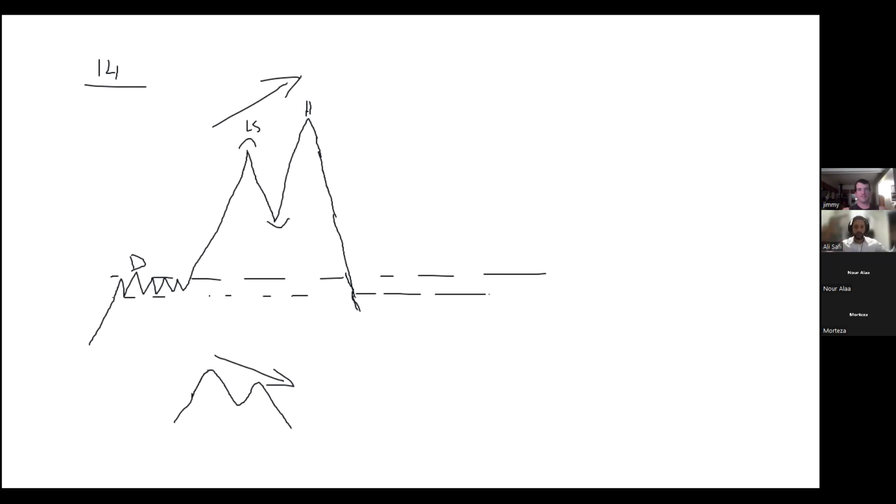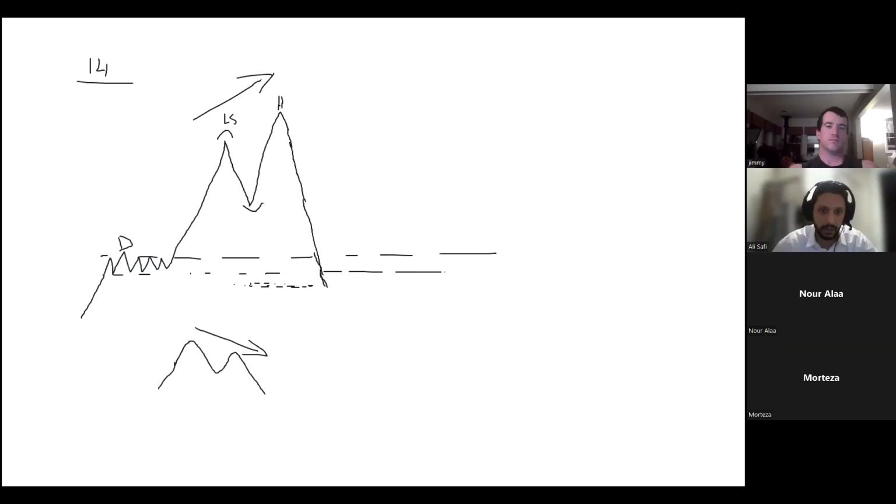Everyone is saying, oh my God, this price is taking out this pivot low. So there is no buy, sell, sell. Why sell? Because in this demand area, there are tons of stop losses here. People just put their stop losses here, right?